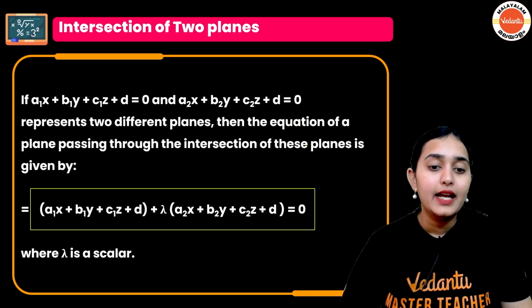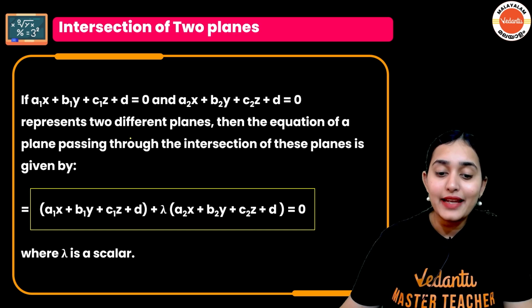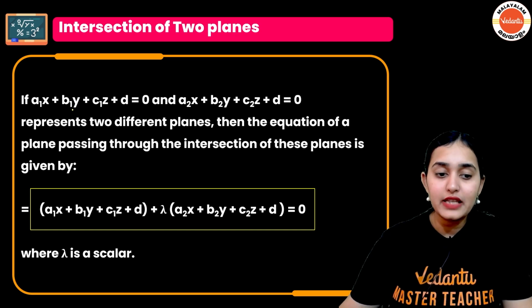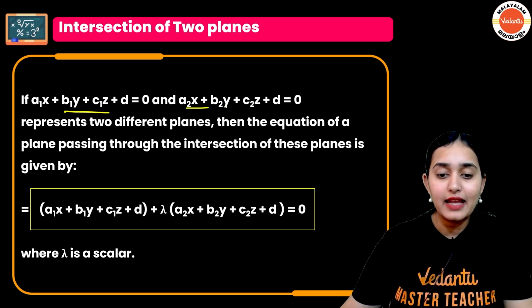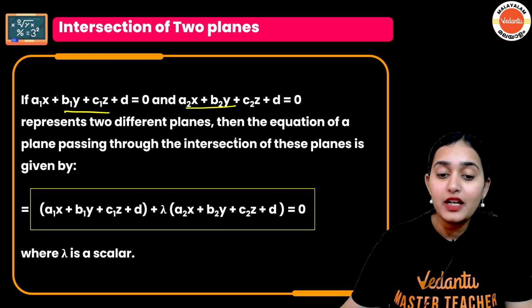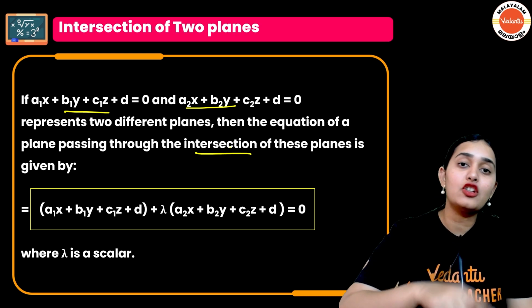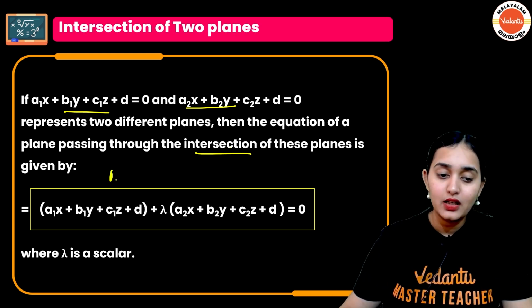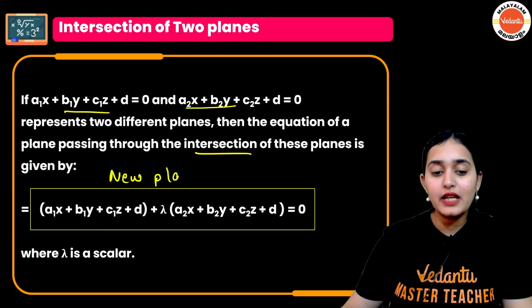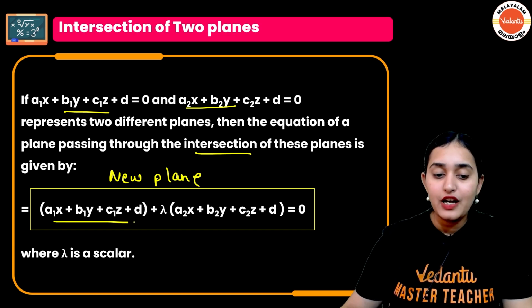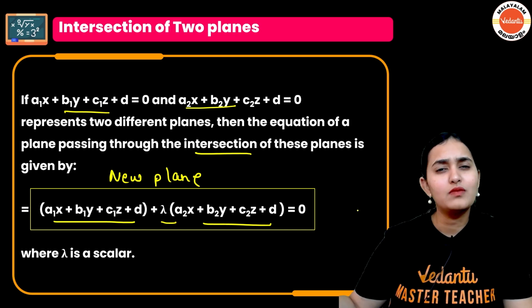Now if two planes are intersecting, suppose you have two different planes, then the equation of the new plane passing through the intersection of these two planes will be first plane + lambda times second plane = 0. So simple.